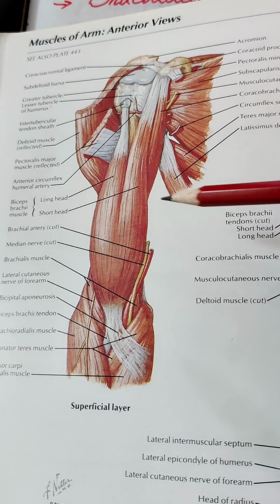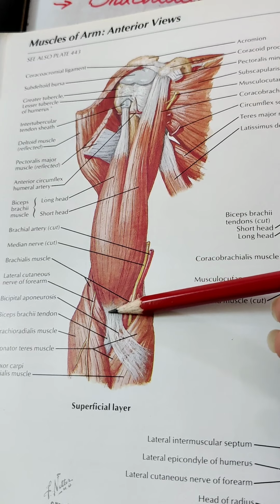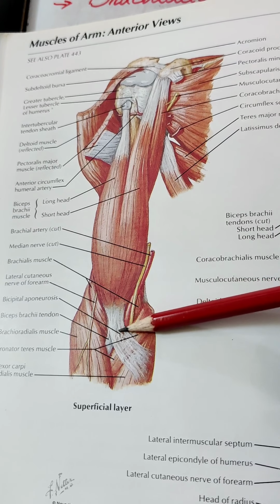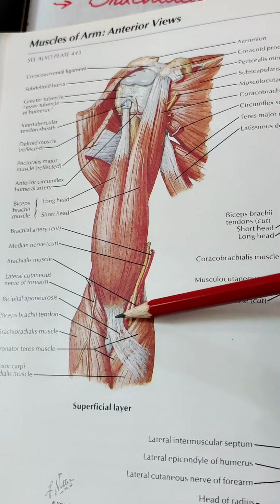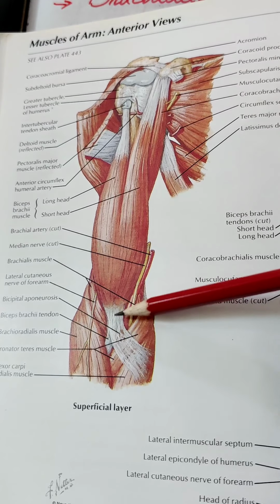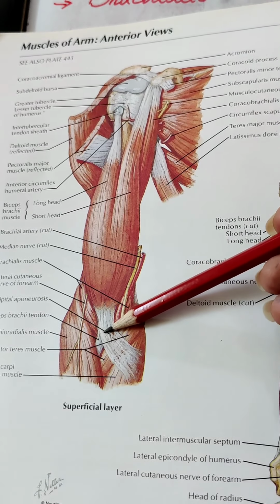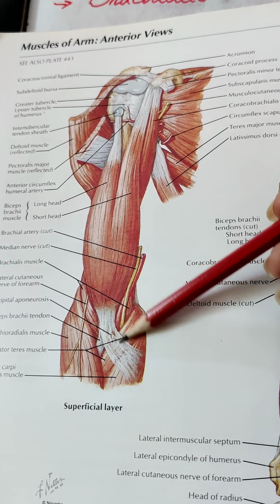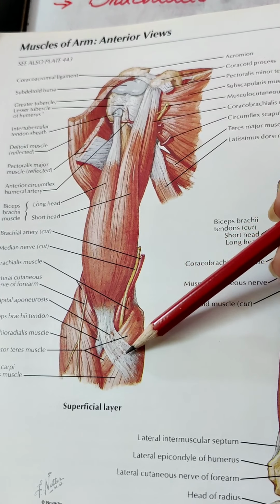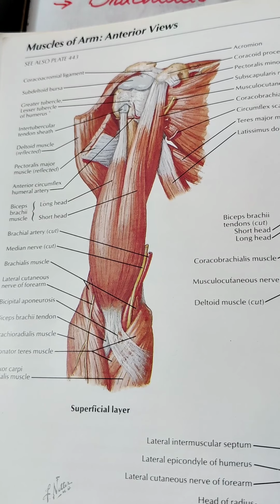But a part of this tendon of the biceps brachii also becomes aponeurotic. Okay, so the aponeurosis of the biceps brachii then gets inserted into the deep fascia of the forearm.